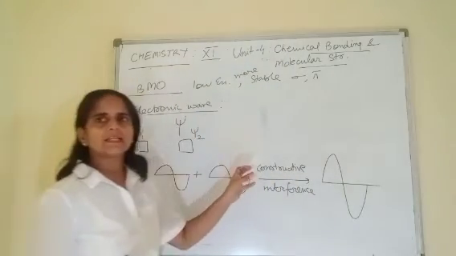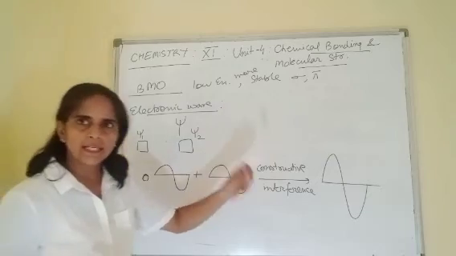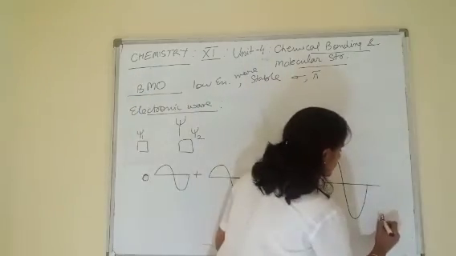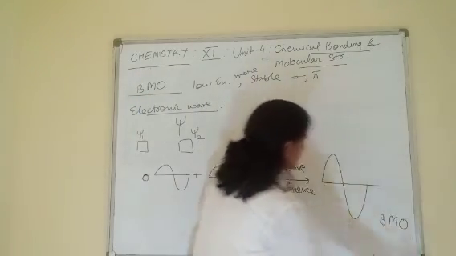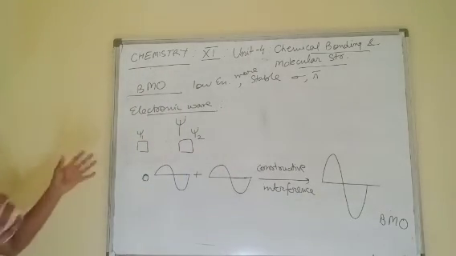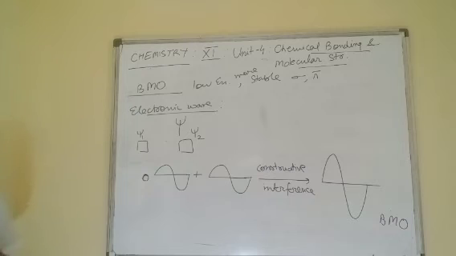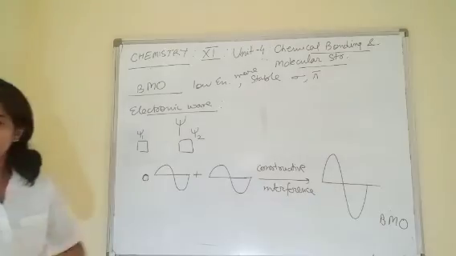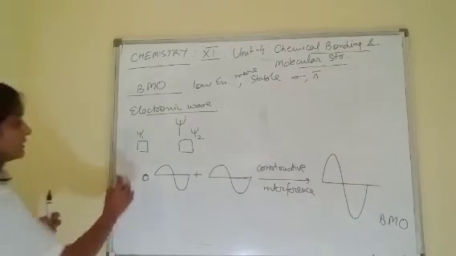And this resulting wave function gives us the bonding molecular orbital. Yes children, clear? That is the result of constructive interference. Now we will be talking about another case where these two wave functions cancel out each other.